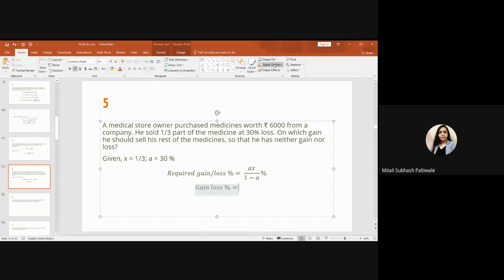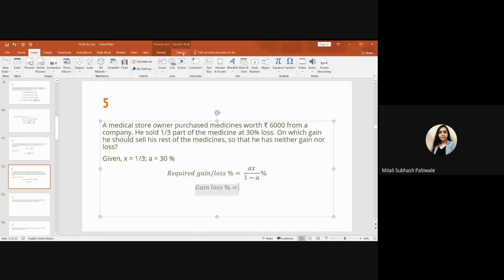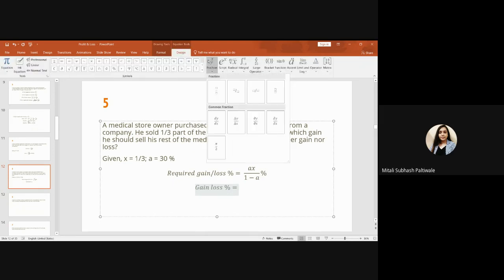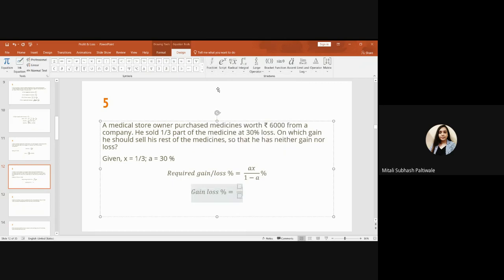That means this would become, here it would be 1 by 3 into 30. Okay, now here it is 1 minus A.